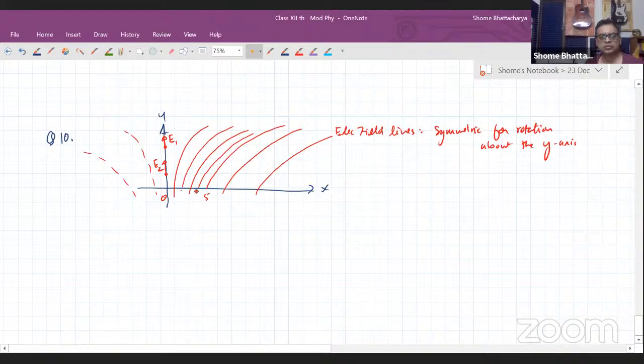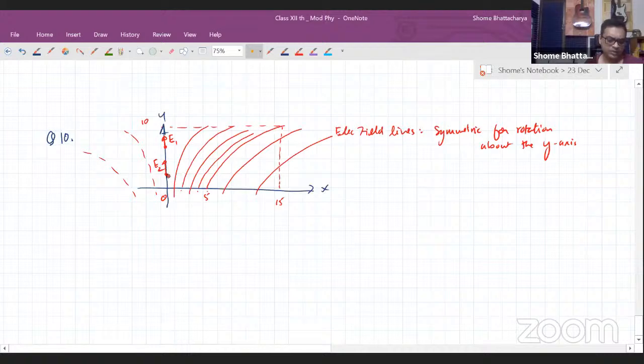So the 5 field lines here, and those spread into, so these 5 field lines, by the time they go here, this is x equal to 15 and y coordinate is 10.